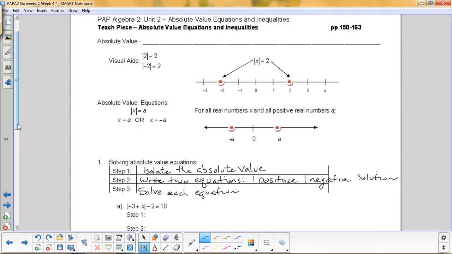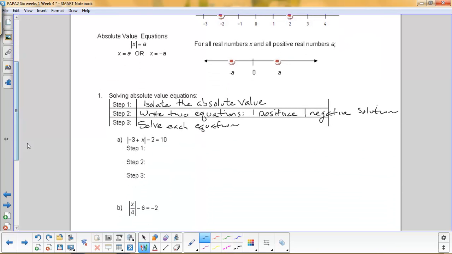Alright, example number 1. Isolating the absolute value means moving 2 to the other side of the equation using addition. So I get negative 3 plus x equals 12.